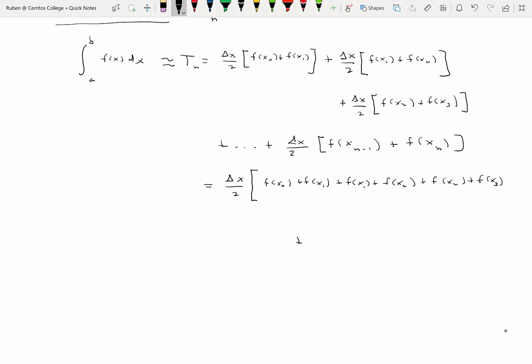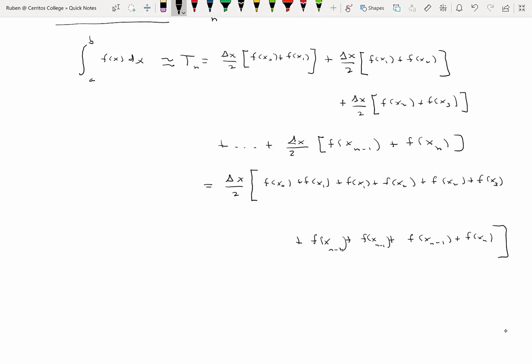In the very end, we get f of x sub n minus 1 plus f of x sub n. The one just before it will have f of x sub n minus 2 plus f of x sub n minus 1.